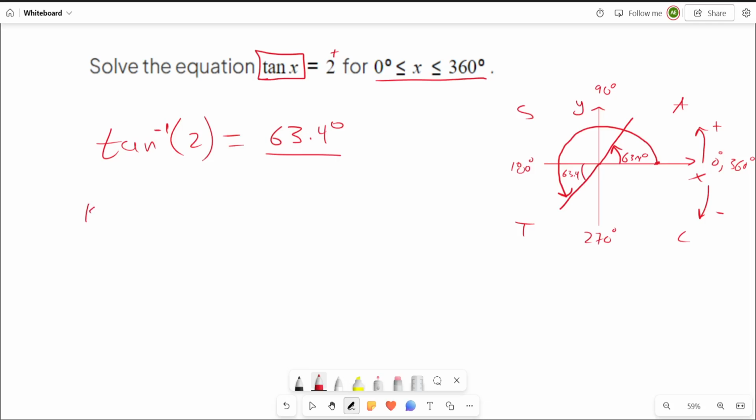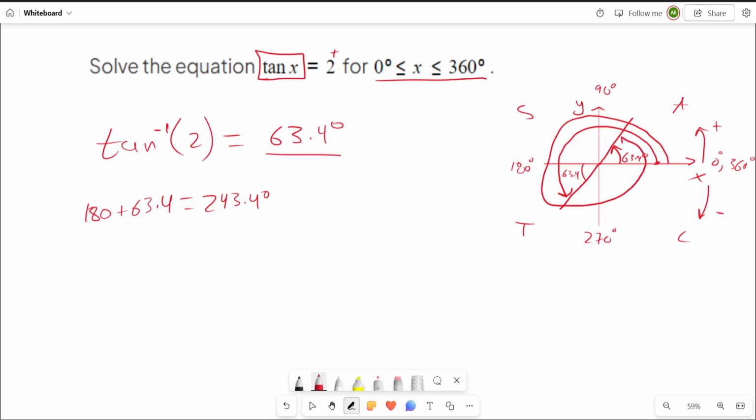So it's going to be 180 plus 63.4. This is going to give me an answer of 243.4 degrees.